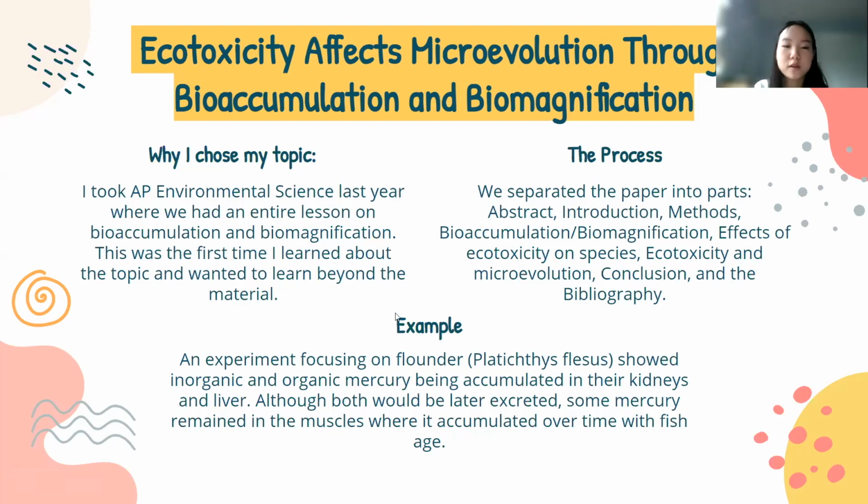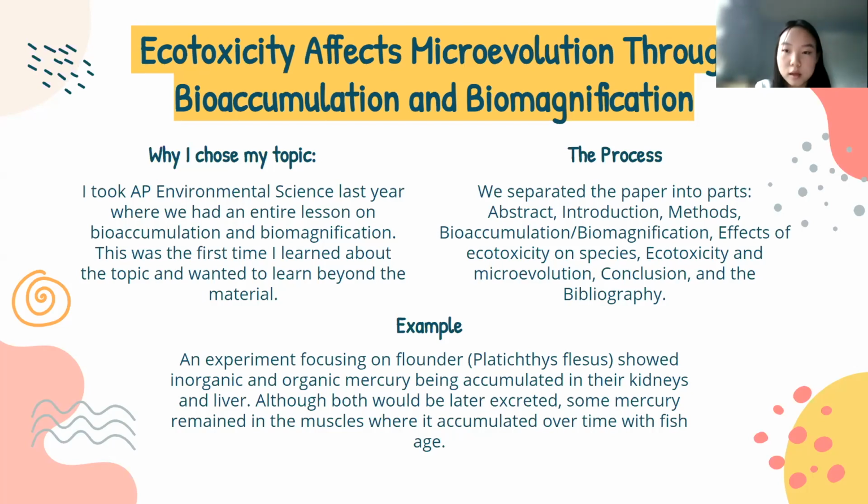The first example is a research experiment conducted by John Gray, which focused on flounders and showed the inorganic and organic mercury being accumulated in their kidneys and liver. Although it would later be excreted, over time and age, the mercury accumulated.